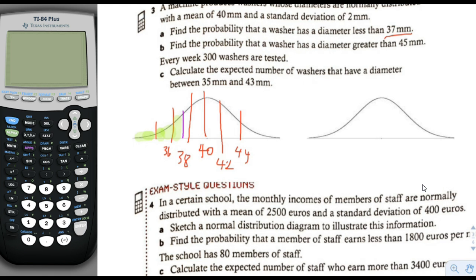Okay, so let's use the calculator to figure out what this area is between negative infinity and 37, what the percentage is.